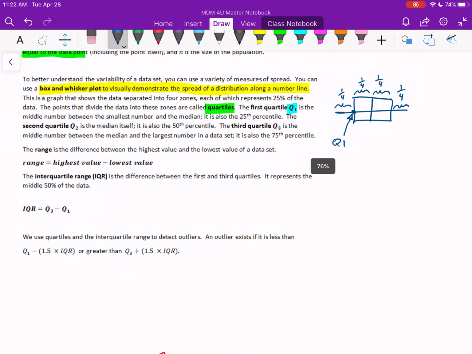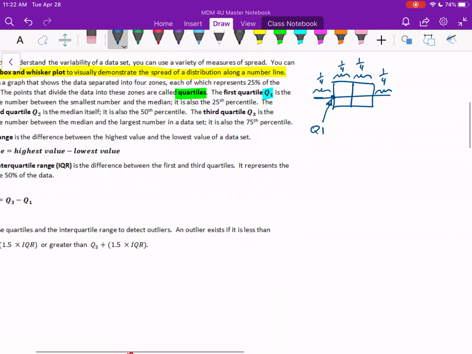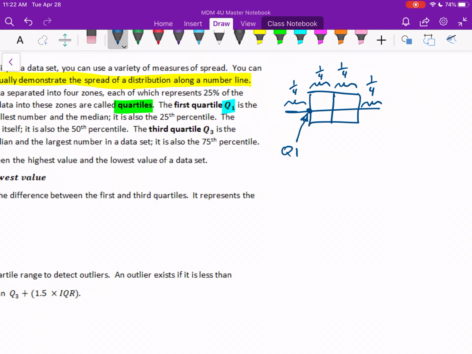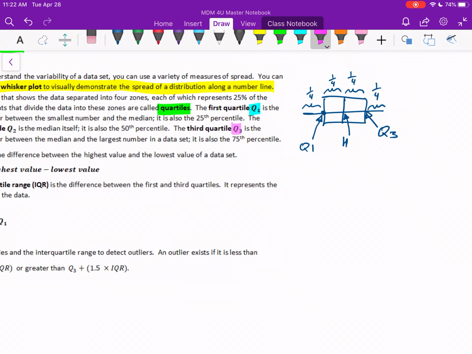And then we have the second quartile, which is also known as the median, and that's going to be right here. So that's the median, but we could call that Q2 as well. Then we've got Q3, which is going to be halfway between the median and the highest number.